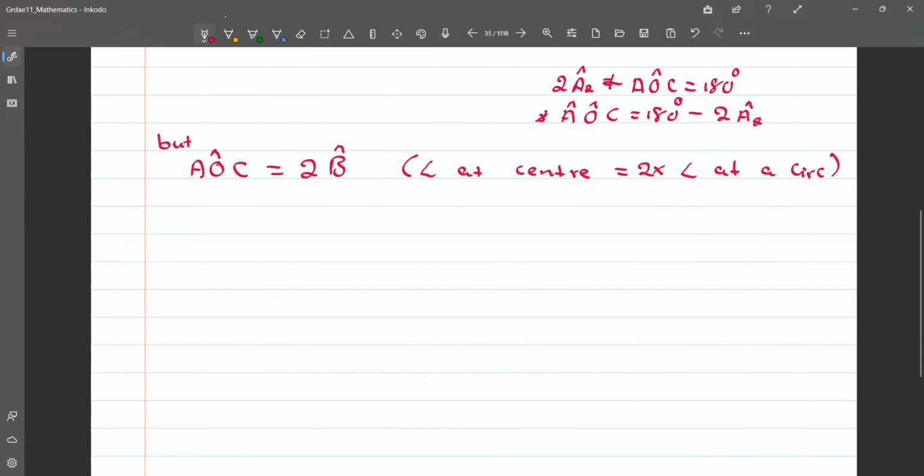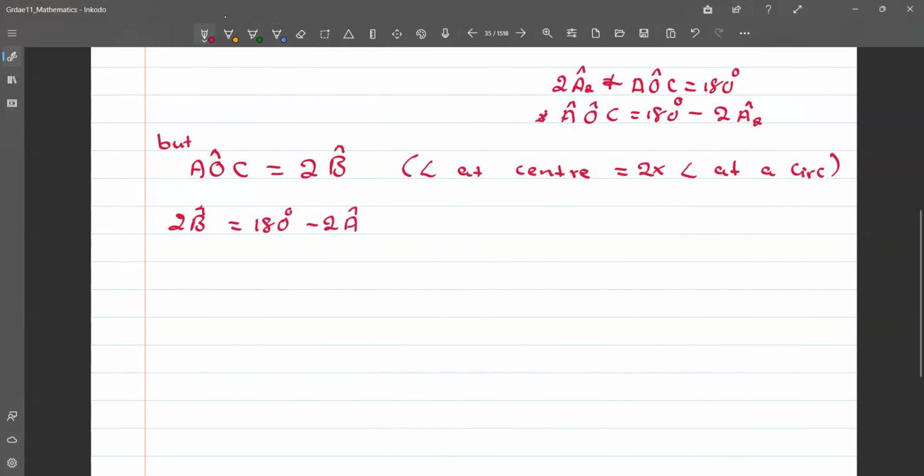All right? Then from here, we substitute 2B. Remember, we were not in the intention of proving AOC. We are in the intention of proving B. So now we are going to substitute this 2B in place of AOC. So we can write 2B equals 180 degrees minus 2A2.